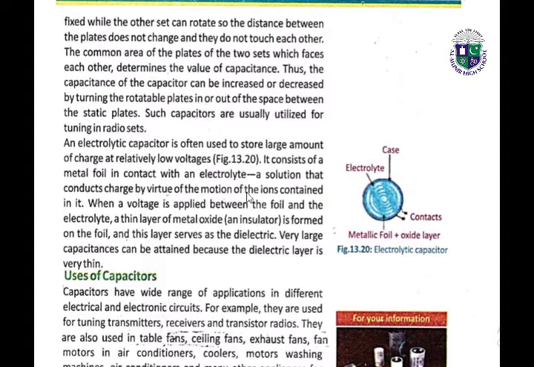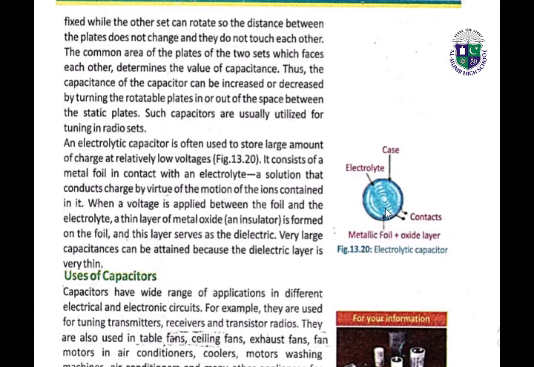And the electrolytic capacitor. Here students we have the picture of an electrolytic capacitor, figure 13.20. An electrolytic capacitor is often used to store a large amount of charge at relatively low voltages. It consists of a metal foil in contact with the electrolyte, a solution that conducts charge by virtue of the motion of the ions contained in it.